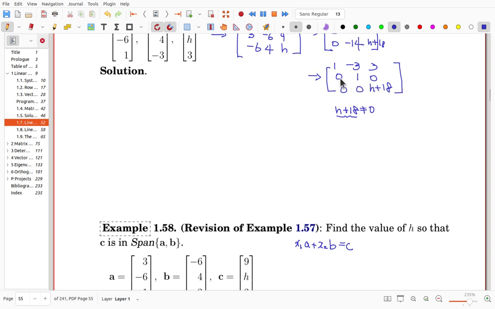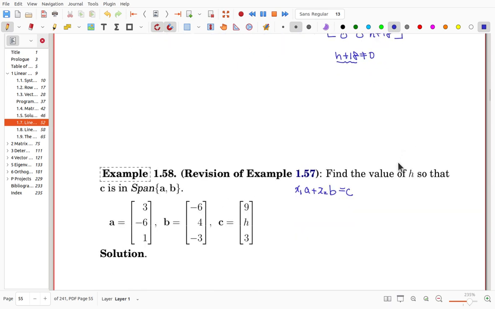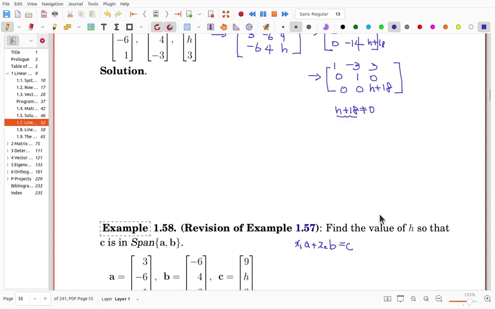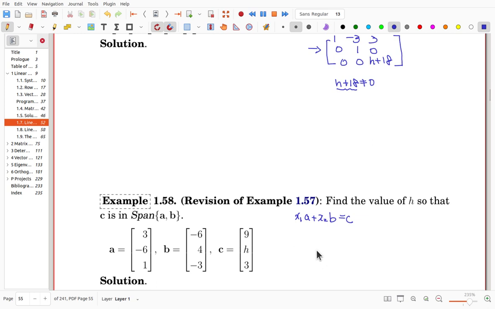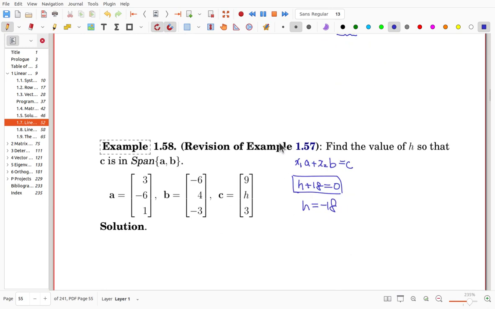Then this linear system will have a non-trivial solution, and so here C must be in the span of A, B. So the solution for the problem is h plus 18 equals 0. So here h must be minus 18, right?